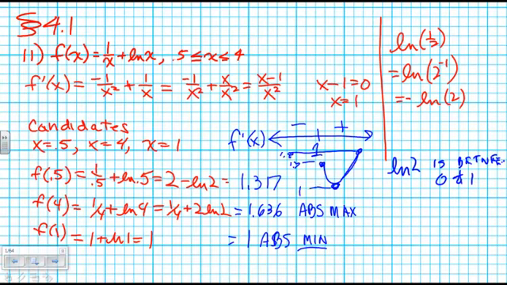And how do I know that this is always decreasing between here? Because the derivative only has one place where it can change sign. It can only change sign when the derivative is 0 or undefined. So this, again, will have to be a local max.